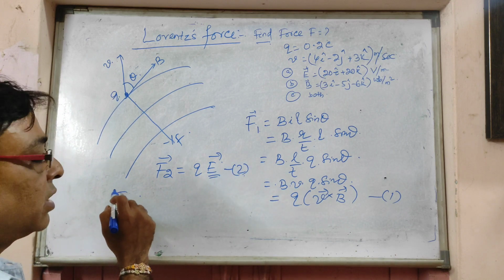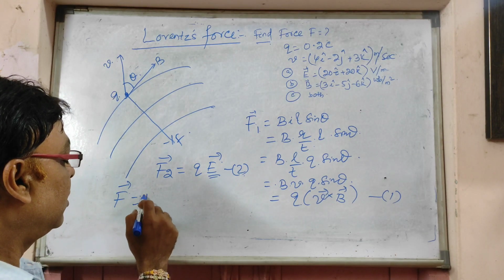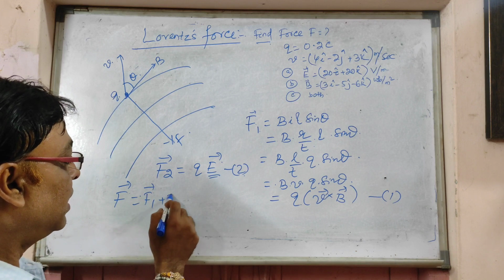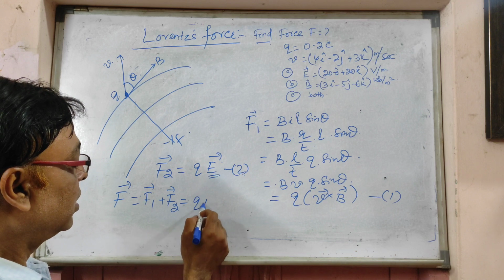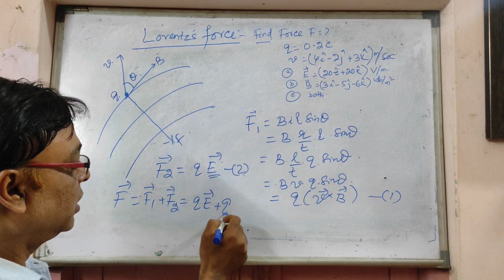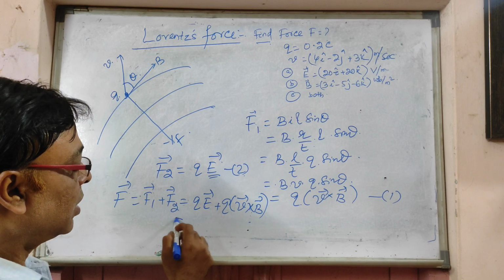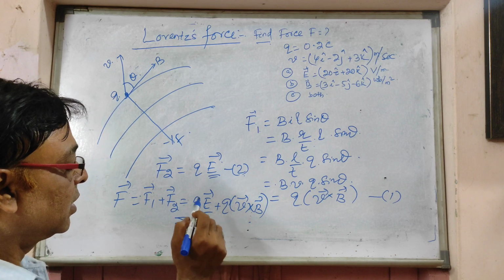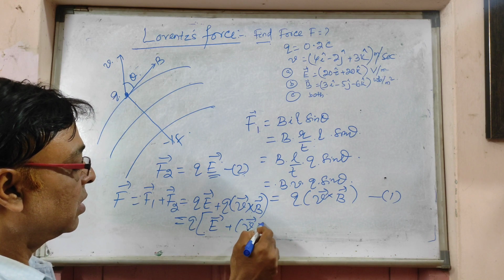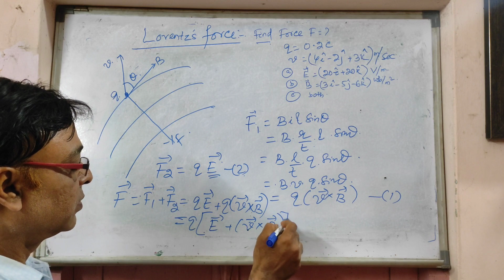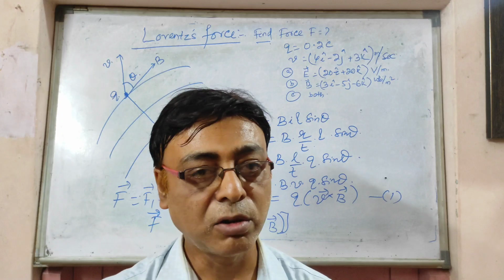According to the Lorentz force, the resultant force acting on the charge in an electromagnetic field is the vector sum F is equal to F1 plus F2, so Q into E plus Q into V cross B. Taking Q common, it is Q times E plus V cross B. This is the resultant force acting on a charge in an electromagnetic field.